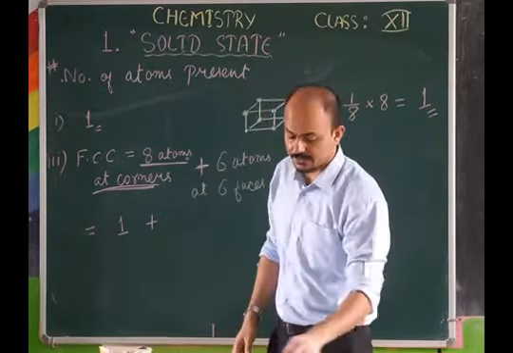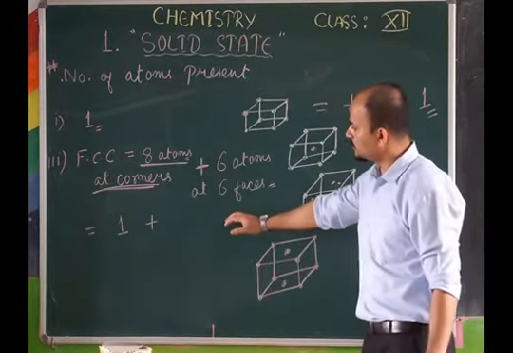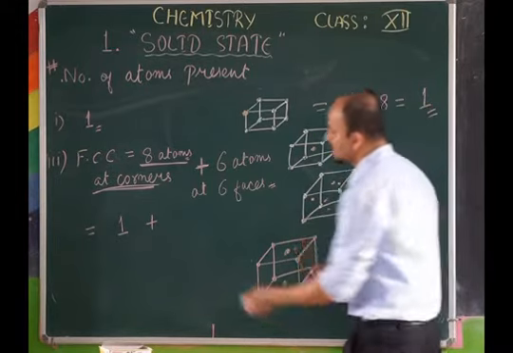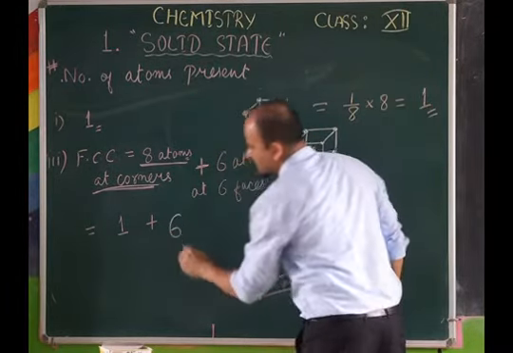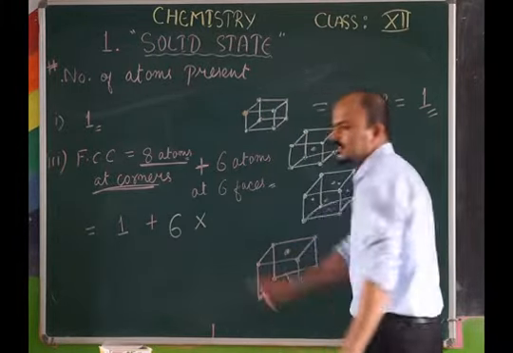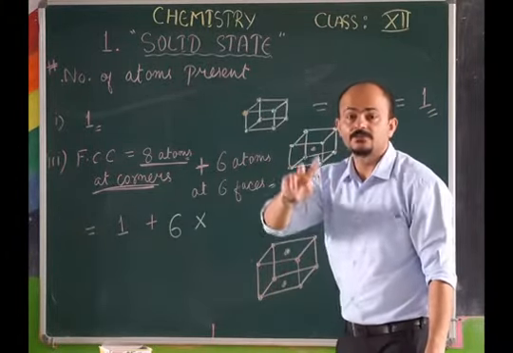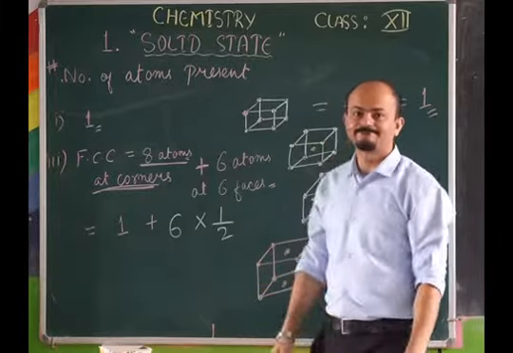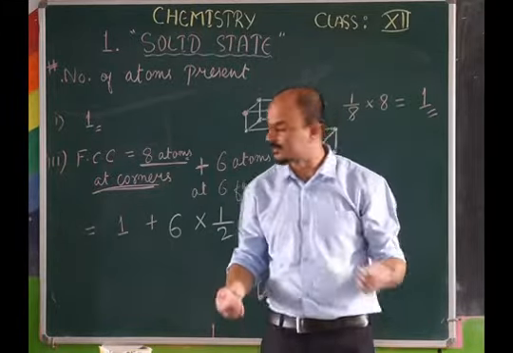I hope you understood. Now, what will the contribution be? How many faces are there? 6 faces, total 6 atoms are present, and each atom is being shared with 2 cubes. Therefore, the contribution to each cell is half. Did you understand?